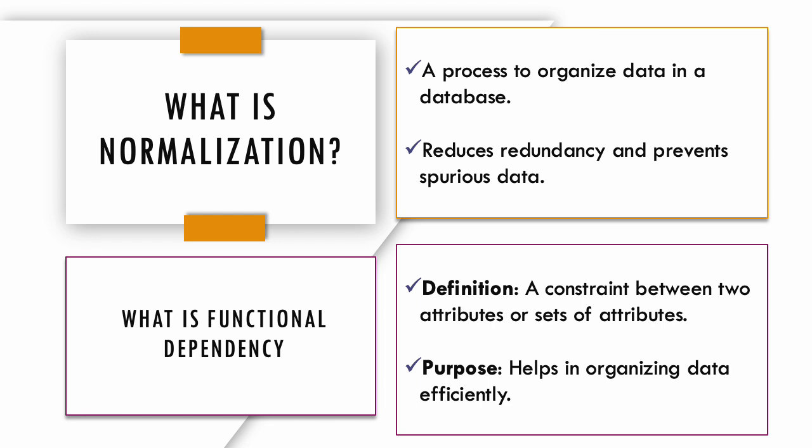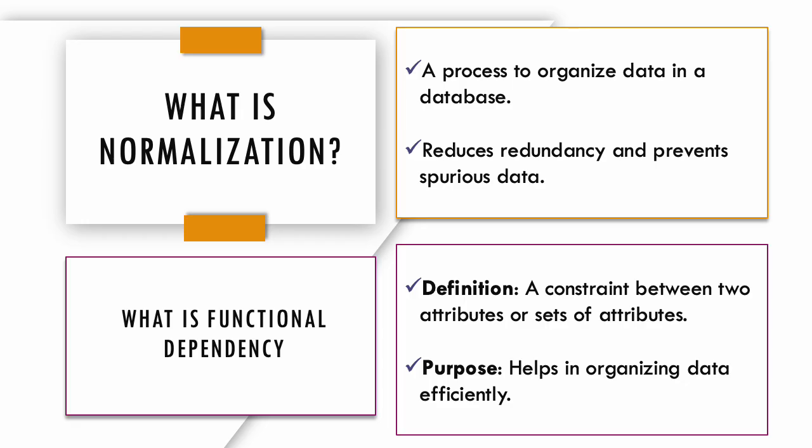So the goal of normalization is to design a database in such a way that each piece of information is stored in the most efficient and logical place. This will help to make the database easier to maintain, faster to query, and less prone to error.